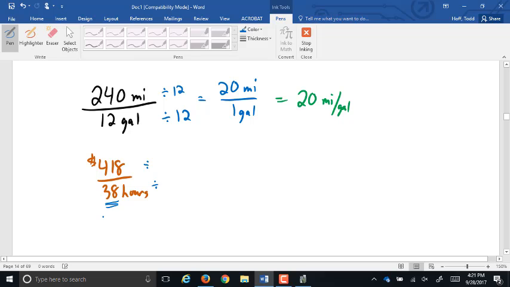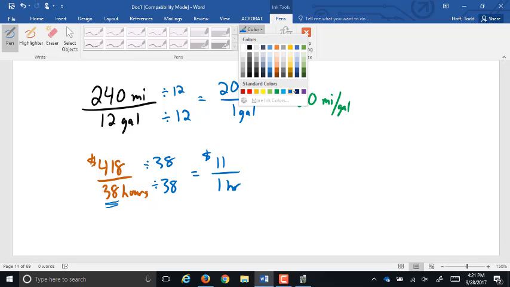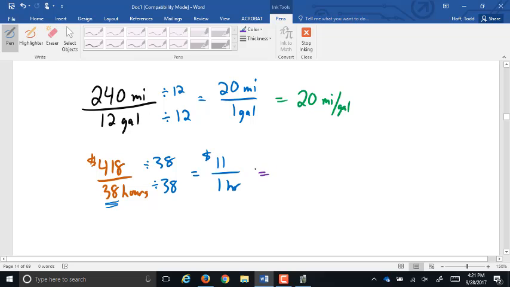Because it's a rate, it's just going to be the denominator, 38. So 38 hours divided by 38 is 1 hour. $418 divided by 38 is $11. That's $11 in 1 hour, or $11 per hour. Any questions?